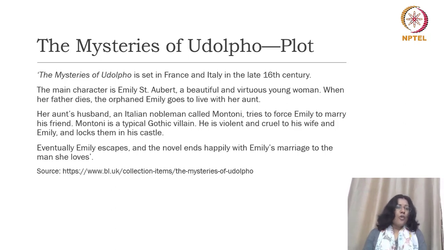He's cruel towards his own wife and towards Emily, her ward, and he locks them up in his castle, the castle of Udolpho. Eventually, Emily escapes, and the novel ends happily with Emily marrying Valancourt, the man whom she loves. So this is, in brief, the plot of Udolpho.